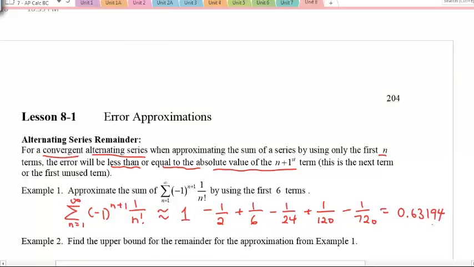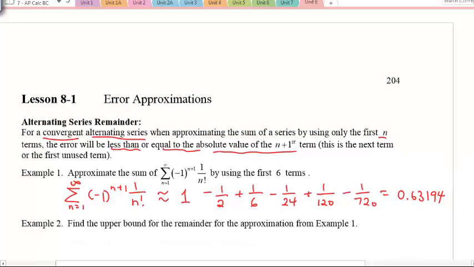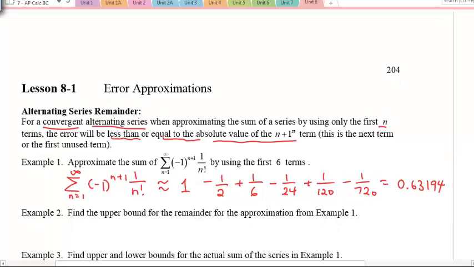Now, the upper bound of the remainder. Looking at the approximation, I said that the absolute value of the next term will be the remainder. So the next term will be the 7th term. The remainder will be less than or equal to the absolute value of the next term. The next term is positive anyway, so I don't really need the absolute value sign, but I'll show it to you anyway. Since that was 6 factorial here, it'd be 7 factorial, so 1 over 7 factorial.